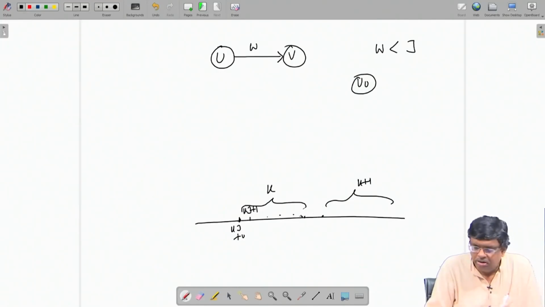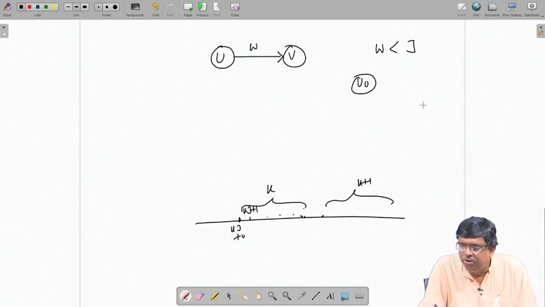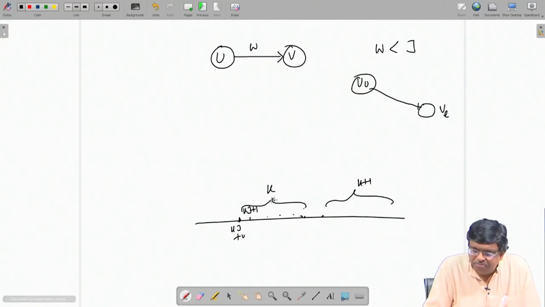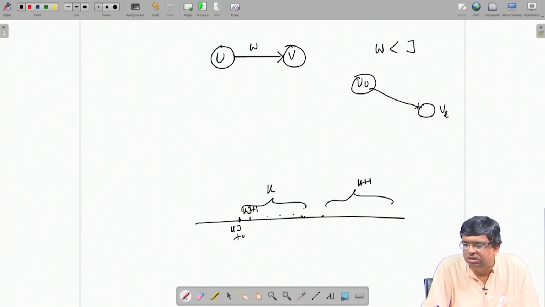I will be either here, or if W is less, I will be here or here or here. So, from here I will be going to some edge, maybe VL, but within the same system clock. So, 0 system delay, 0 system cycle delay, and as you know, this will continue for a while.